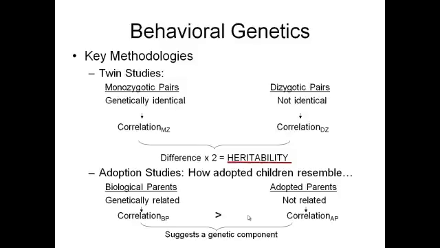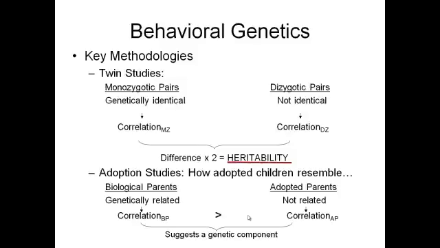Well, there should be some correlation, because the adopted parents, especially if the children have been with them since early childhood or infancy, raise the children the way they think they should be raised, and the children will emulate the parents, and so on. So there should at least be some relationship between children and the adopted parents.